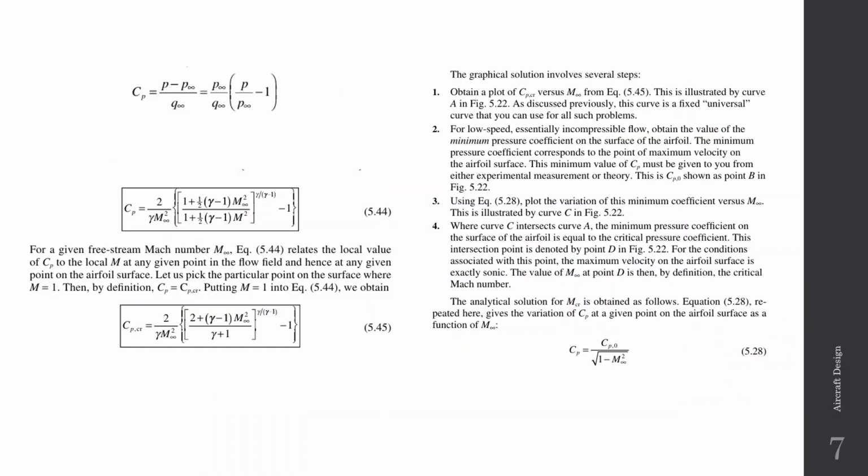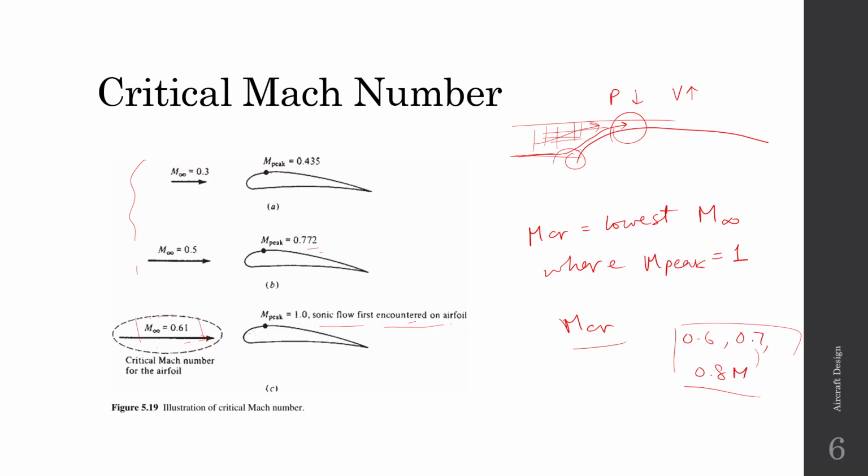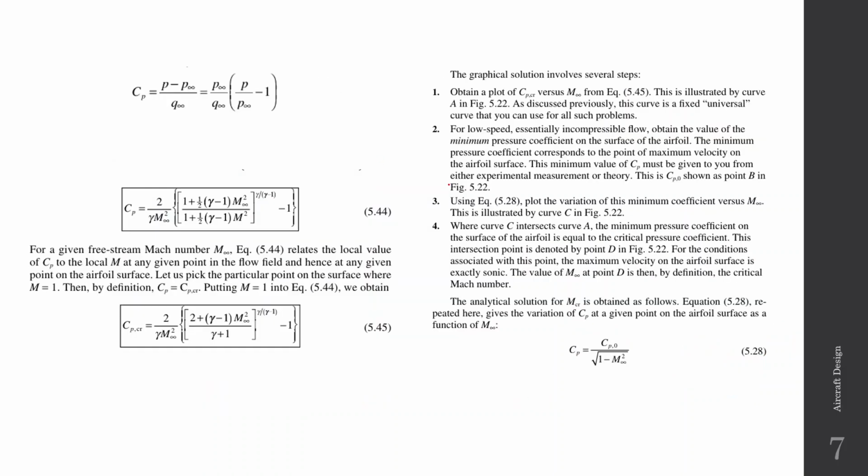In this section, he talks about how we can estimate this MCR from wind tunnel data. We might not have a supersonic air tunnel, so we can still estimate MCR from a subsonic wind tunnel.